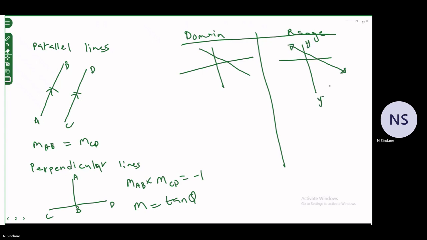This is my y, minus y, x, and minus x. Now I have a graph like that, right? I have two graphs like that.